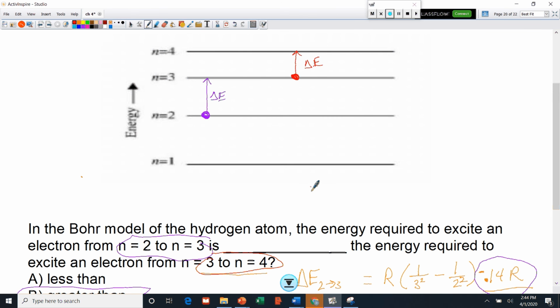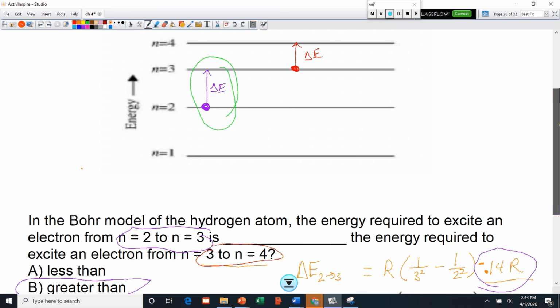You can really just use relative size. Which arrow is longer, or are they the same size? In this case, 2 to 3 is greater than 3 to 4, and you can see it relatively like that.